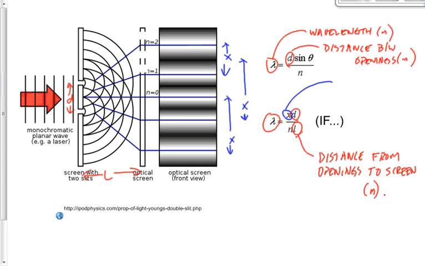X can be whatever distance you want from whatever maximum to any other maximum, or any minimum to any other minimum, or any maximum to any other minimum. It can be the distance from any min or max to any other min or max.